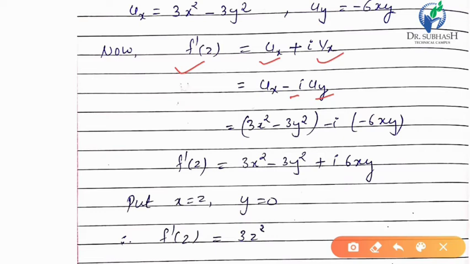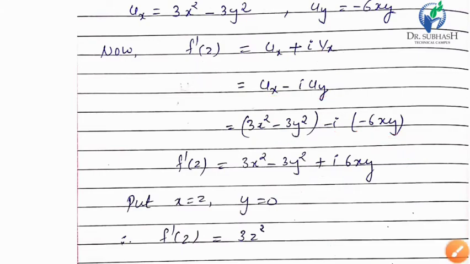Now I substitute the value of ux and uy. So ux is 3x square minus 3y square and uy is minus 6xy. Now this minus and minus will become here plus. So this is our f dash z.